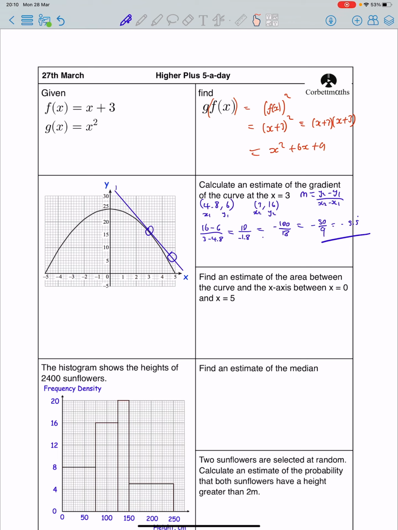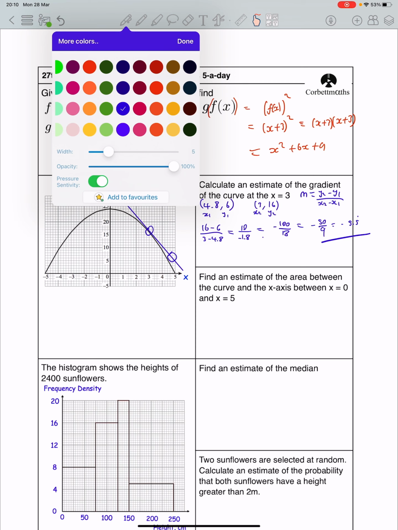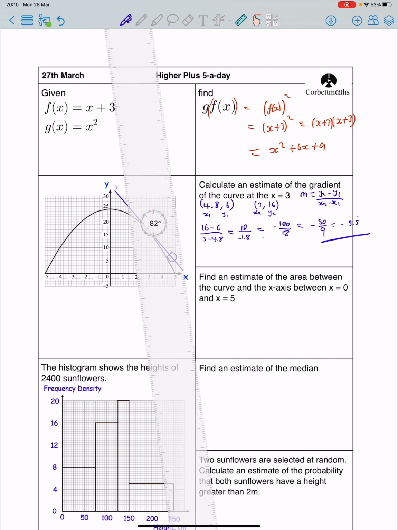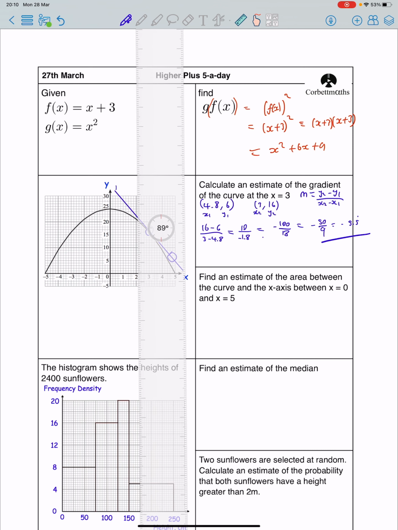Next, find an estimate of the area between the curve and the x-axis between x equals 0 and x equals 5. Okay, so we want to know the area. It's going to be approximate. So what we can do is just split this up into different trapezia. So let's go here.